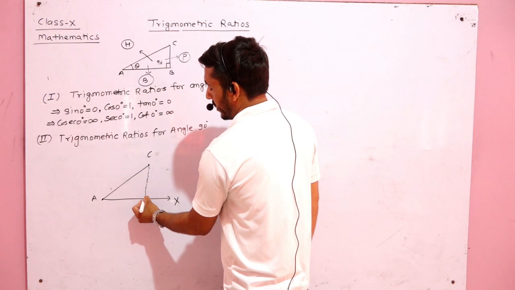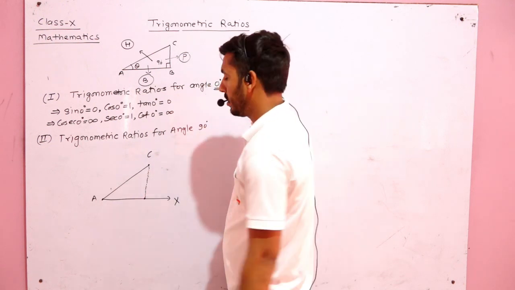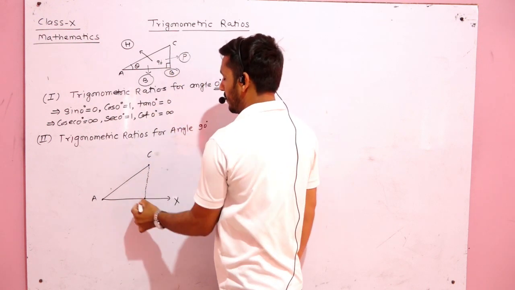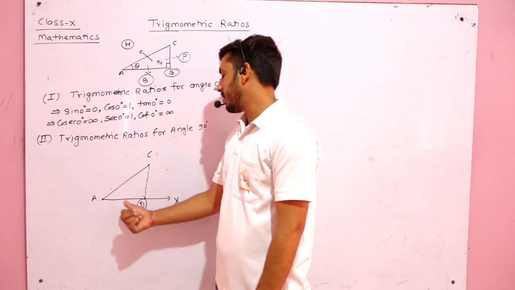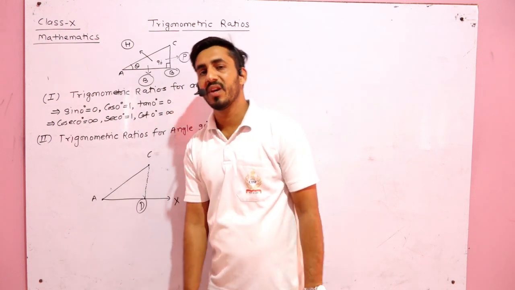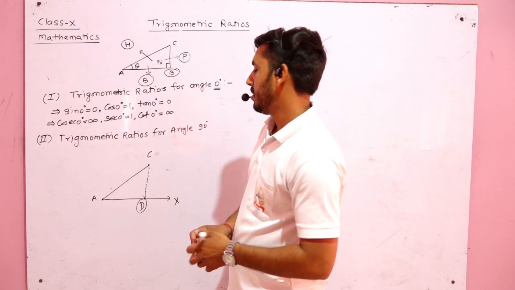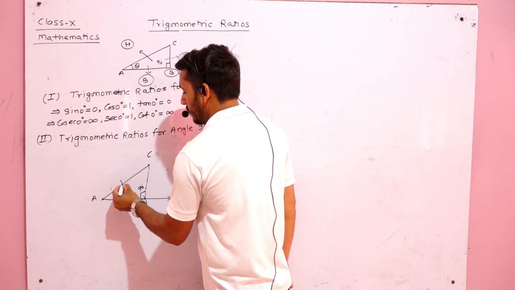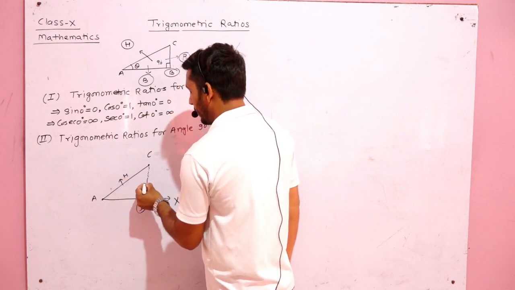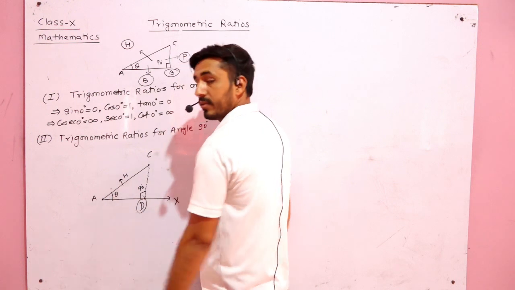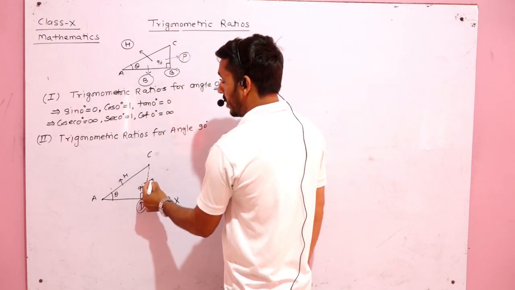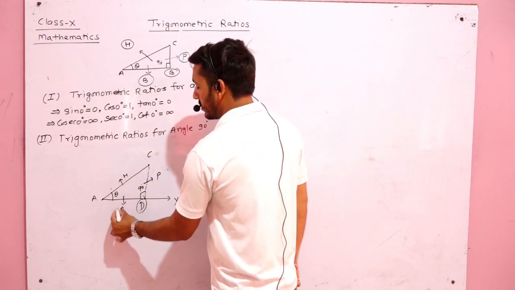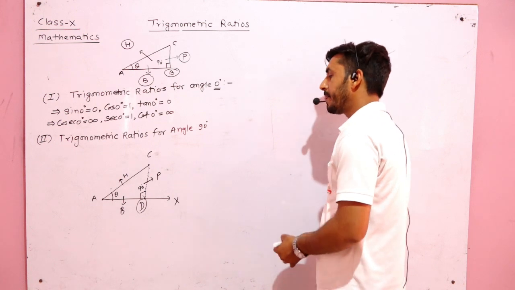And the intersection of the perpendicular with this line is D. Here I am writing B, but I am taking it as D because we have to note these sides in terms of perpendicular, hypotenuse and base. If I am taking this angle as theta, then this will be the hypotenuse, the side in front of theta is taken as perpendicular, and the remaining third side is the base.